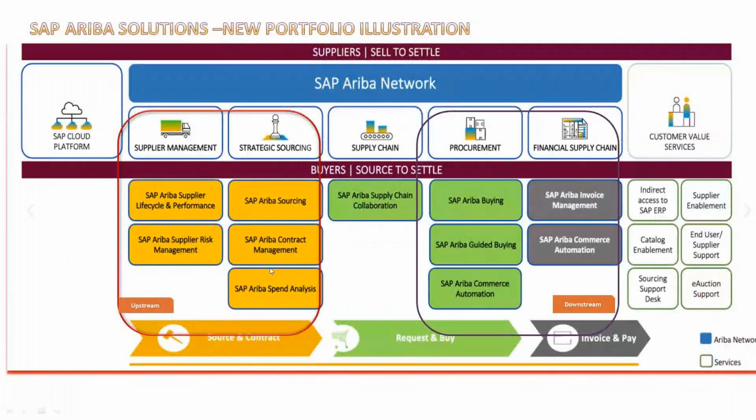We will have the test system for SLP, sourcing, contract, supplier risk, buying and invoicing, supply chain collaboration, commerce automation, everything. But we will not have a test system for spend analysis. This is managed completely by SAP only.